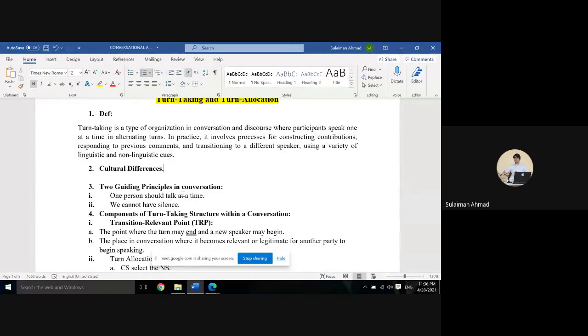Then Safir will have to wait for 1 minute. And after 1 minute, Safir will say yes or no. And Tariq Shah will reply yes or no. It means they'll have to give a gap of 1 minute to one another. So this is how cultural differences exist with regard to turn taking and turn allocation. You got it so far?